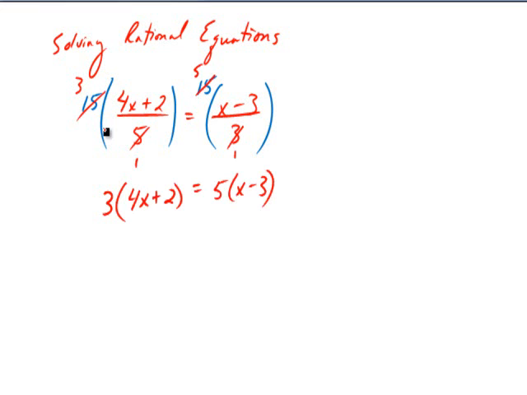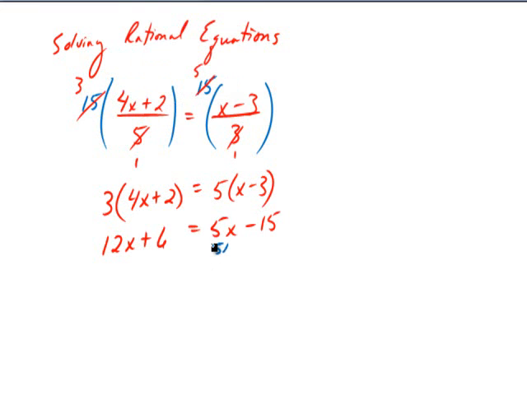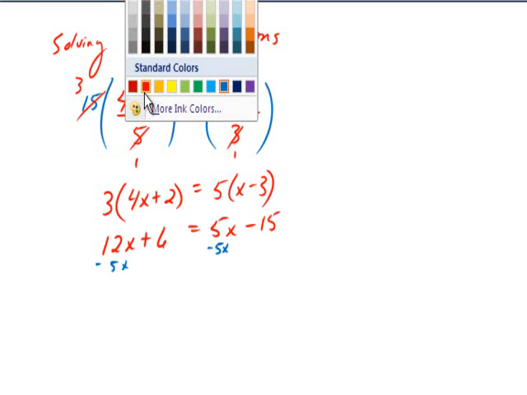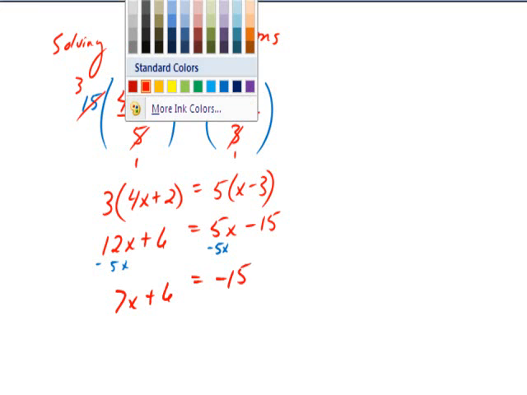Now I have a simple algebraic equation to solve. Let me distribute on the left-hand side and the right-hand side. Let me subtract 5x from both sides. Let me subtract 6 from both sides.